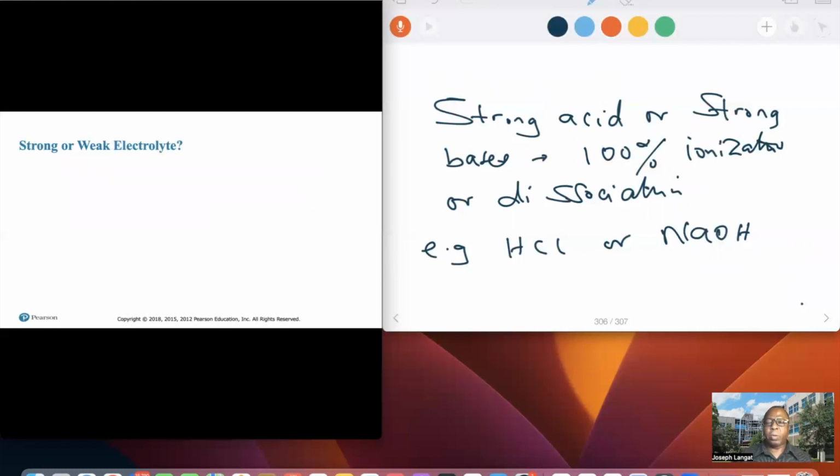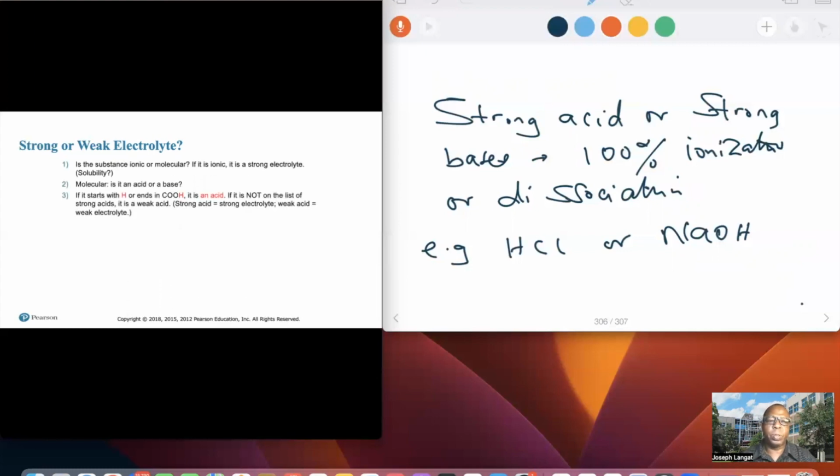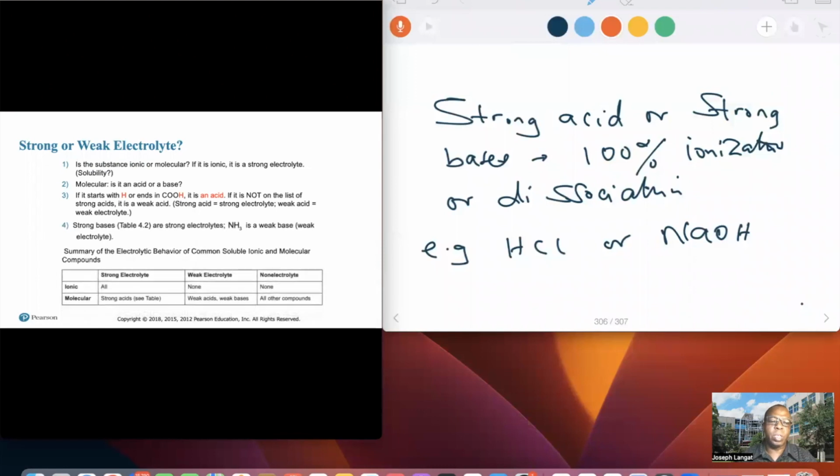Strong acids are considered as strong electrolytes, yes. Whereas weak acids are considered as weak electrolytes. Remember the electrolytes we learned earlier on? All right, so you can also apply here that strong acids are strong electrolytes, weak acids are weak electrolytes as well. This applies to bases.